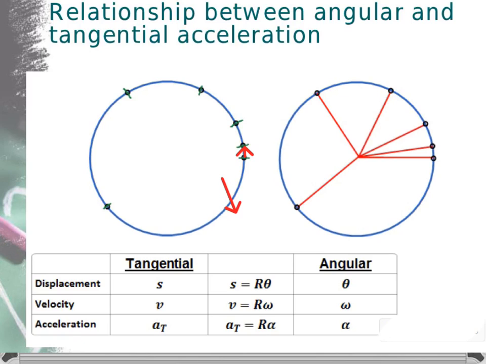I'm not going to draw every one of these, but you could imagine that over time its velocity gets bigger here, and then even bigger over here. So this tangential velocity is getting bigger and bigger with time. And that change in tangential velocity over time is tangential acceleration.